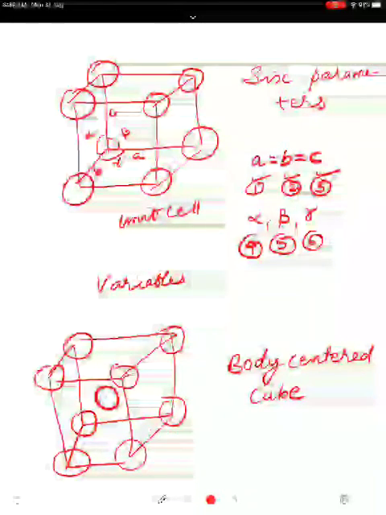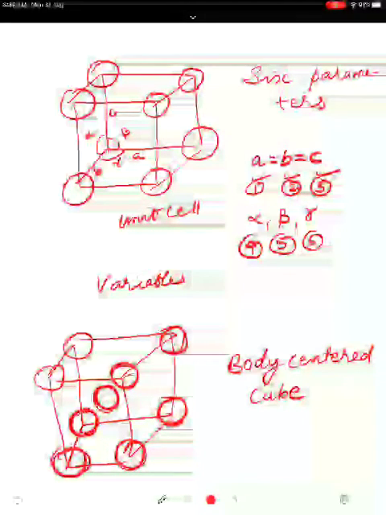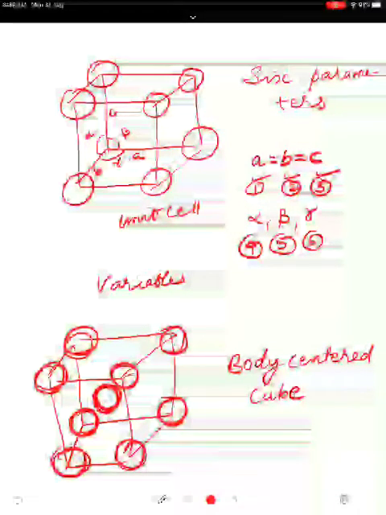In addition to these 8 corners, one is right at the center, a similar atom. This atom, this atom, this atom, all these atoms are similar atoms. So one at the interior center, then we call it a body-centered cube.